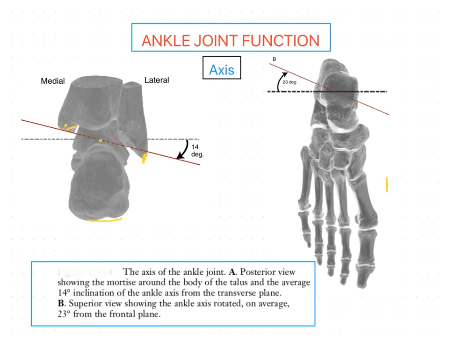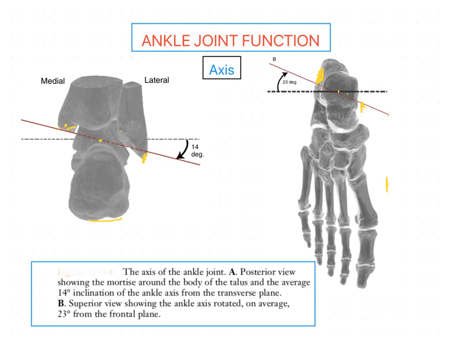Okay, yes. So in the superior view, we can see how the axis, this red line, is going. So that means here the fibular malleolus, that is the lateral malleolus, is placed somewhat posteriorly as well as distally, and the tibial malleolus, that is the medial malleolus, is placed somewhat anteriorly.